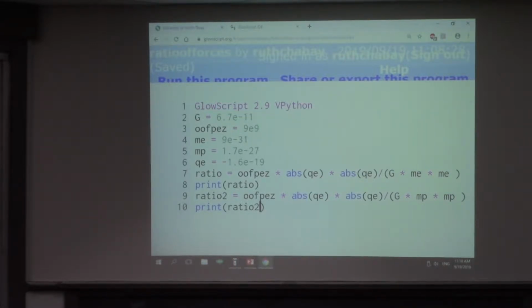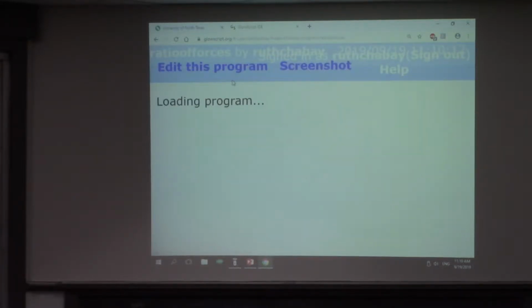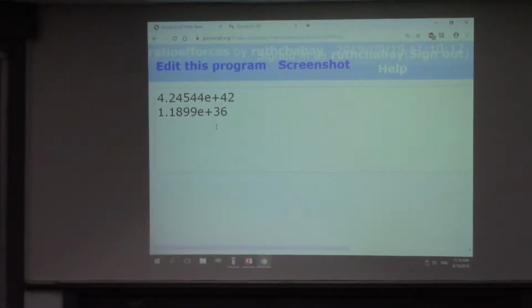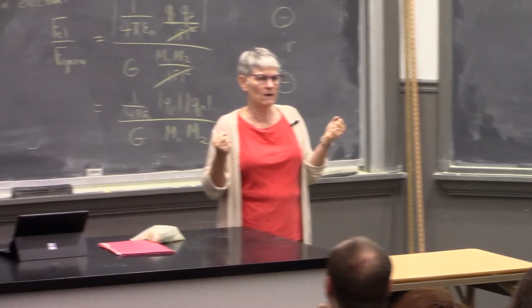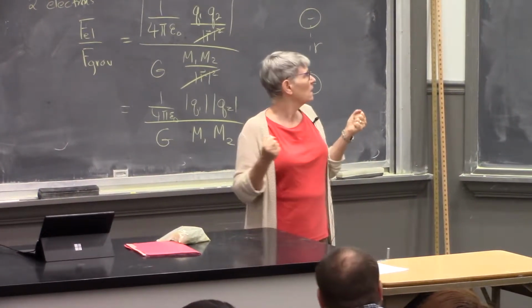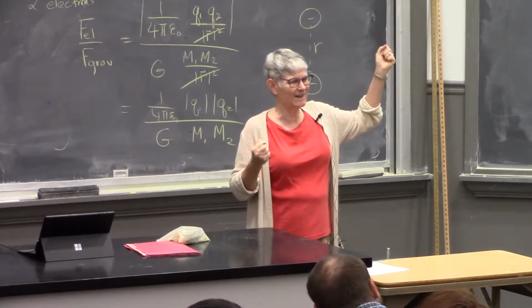Okay, so we did the same calculation, and the absolute value of the charge is going to be the same, right? Because a proton is plus 1.6 times 10 to the minus 19 coulombs. So if we run that, we're going to get a different ratio. It's going to be 1.9 times 10 to the 36, because the proton is 2,000 times more massive than the electron. But it's still really big.